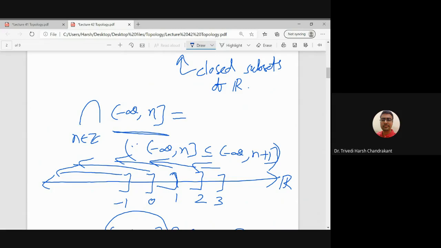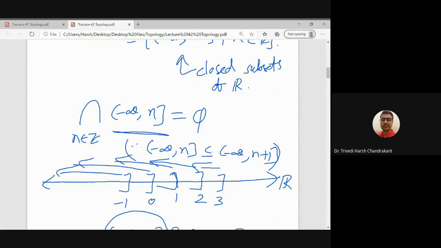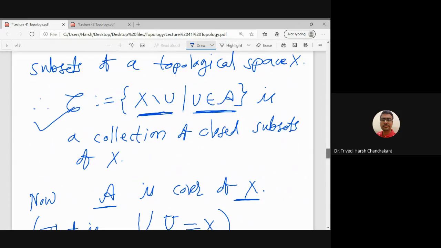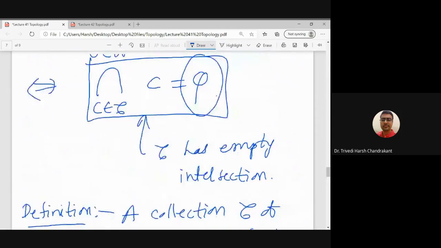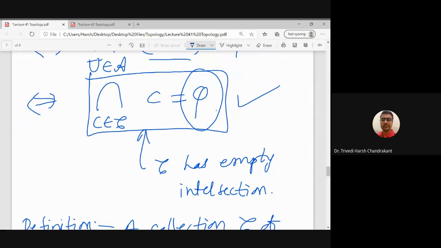Using this, we can observe that the intersection is the null set. Right. So this is what I mentioned in the last lecture, that whenever we take the intersection of all the elements of C, we get the null set.